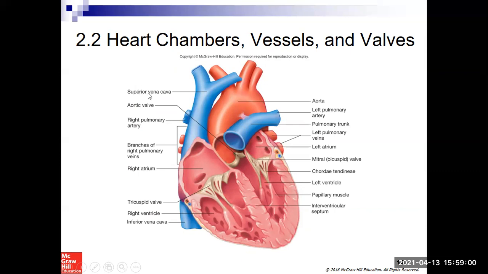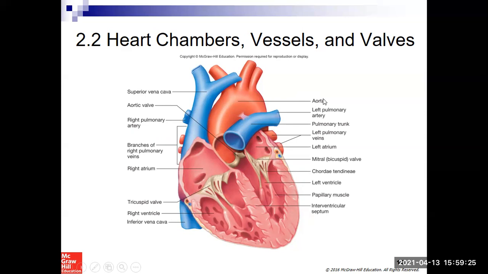Heart chambers, vessels, and valves. And as you know, we know of the superior vena cava, the aortic valve, right pulmonary artery, the right atrium, tricuspid valve, right ventricle, and the inferior vena cava. Now, the branches of the right pulmonary veins are here, okay? The branches of the right pulmonary veins, and we also have the pulmonary artery.